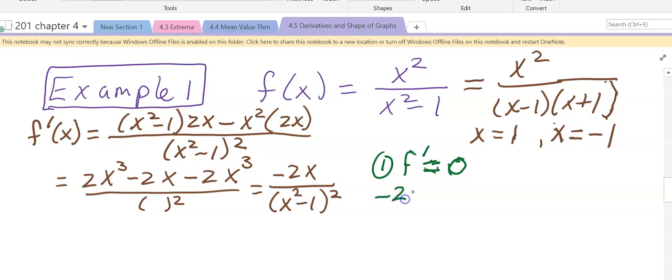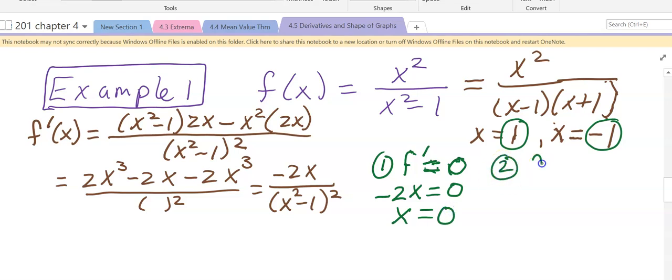That means I have to have negative 2x equal to 0, but the denominator cannot be 0. I already know from analyzing the original function that the denominator of the first derivative will be 0 when I have either x equal 1 or x equal negative 1. But since those values are not in the domain, they will not be able to serve as critical points. The first derivative equal to 0 gives me the solution that x is 0.